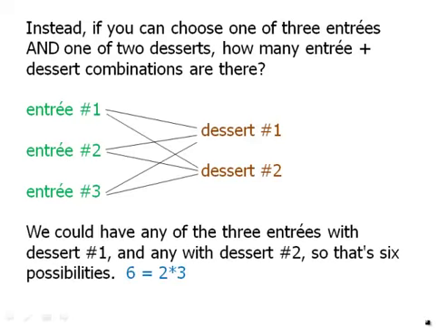And so we notice that altogether there are 6 lines that I've drawn there, so 6 possible pairings. And so here the number of possibilities is 2 times 3. The word and meant that we multiplied the 2 and the 3. So this is a really big idea, a fundamental idea to keep in mind, that or means add and and means multiply.